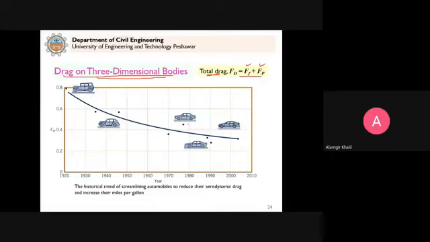Clear? So you can see here that since the 1930s, we have been able to reduce the drag coefficient, because the more the drag coefficient, the more the drag force. Clear?